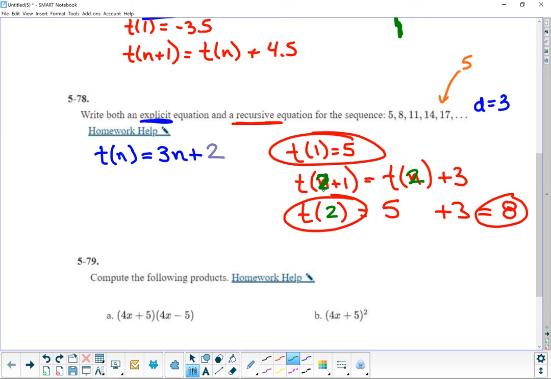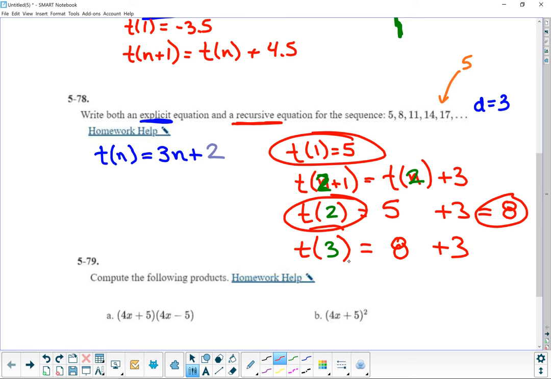And if we put 2 in there, it'll be 2 plus 1, which is 3, so it'll actually be T of 3. So T of 3 is equal to T of 2, which is actually 8. So it'd be 8 plus 3.